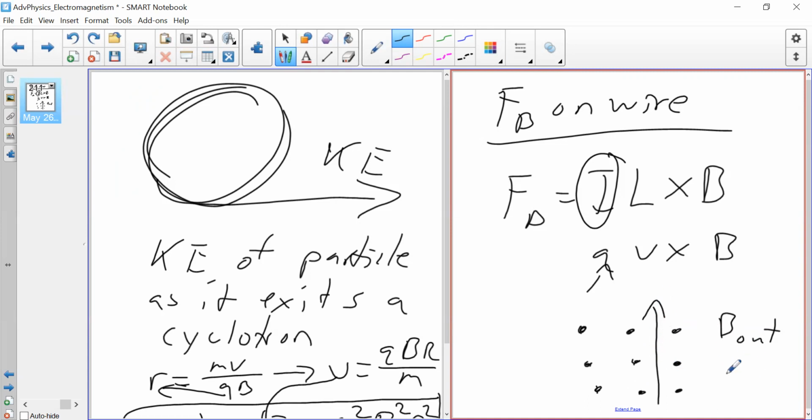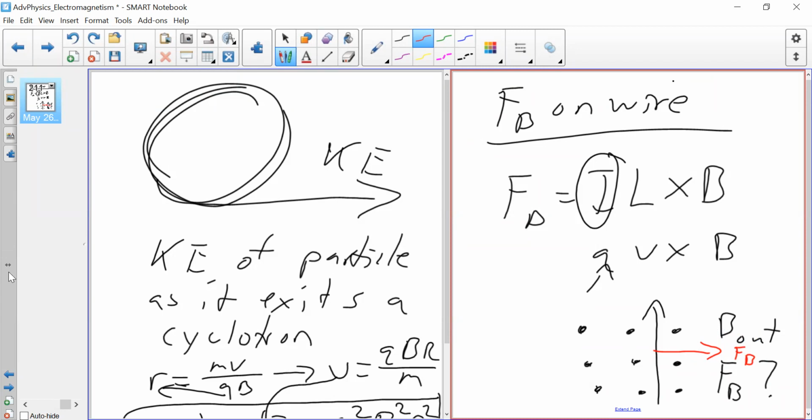Where does the force point? Anybody? Perpendicular. Yeah, so magnetic force points right, because your finger should point out.